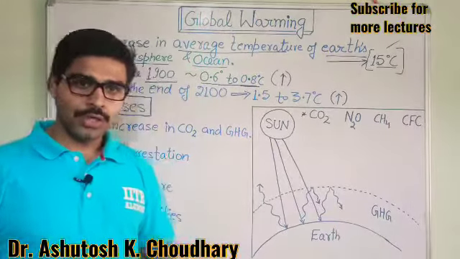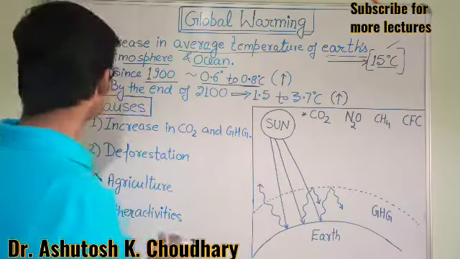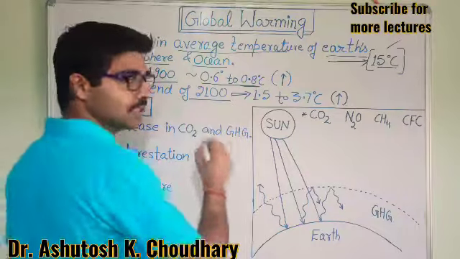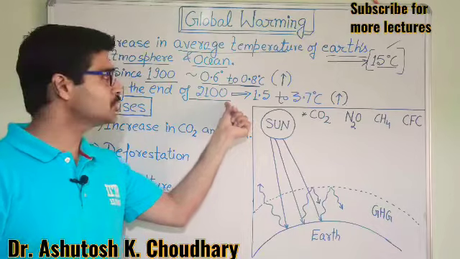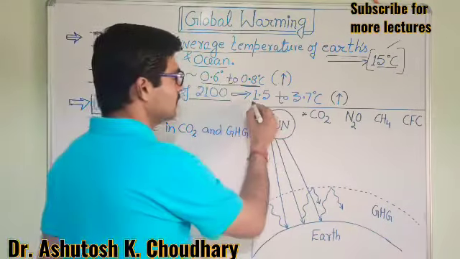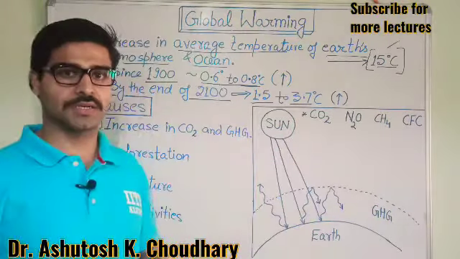Now, according to predictions and research studies, it has been suggested that by the end of this century, meaning 2100, this increase in temperature will be about 1.5 degree to 3.7 degree centigrade.